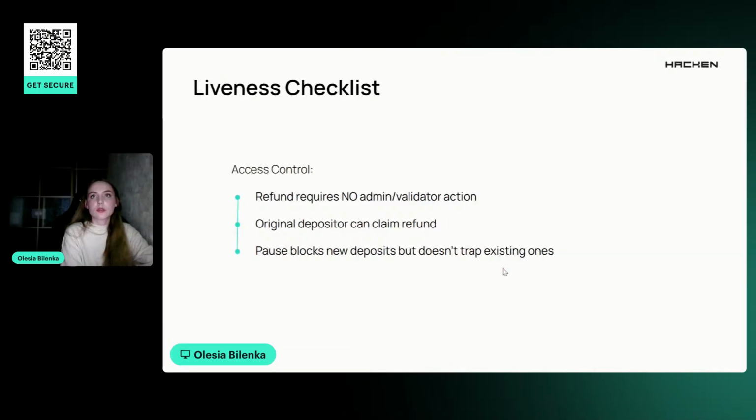Regarding the access control, the refund should not require admin or validator action. It may allow admin or validator action to prevent griefing, but also original depositor should be able to claim the refund. And pause should block new deposits, but should not trap existing ones.